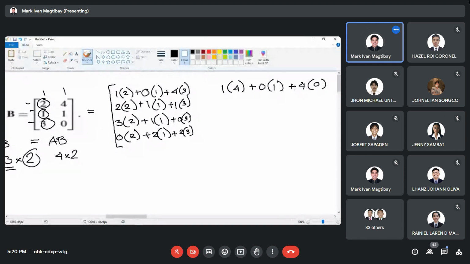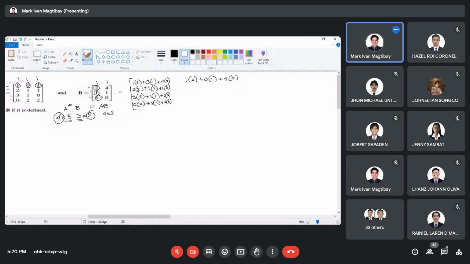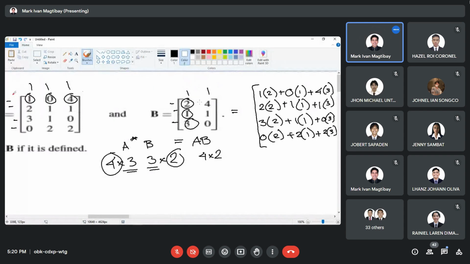Okay? Zoom out ko lang para mas kita niyo. Okay? So, ang combination pa rin natin is 1, 4, 1, 0 at saka 4 po na nakita po natin sa first row po natin. Okay? So, balik po tayo.